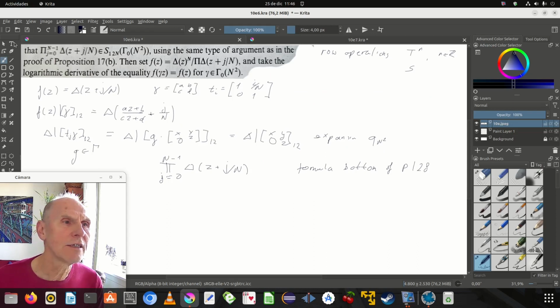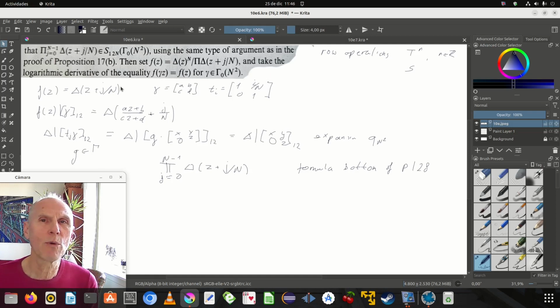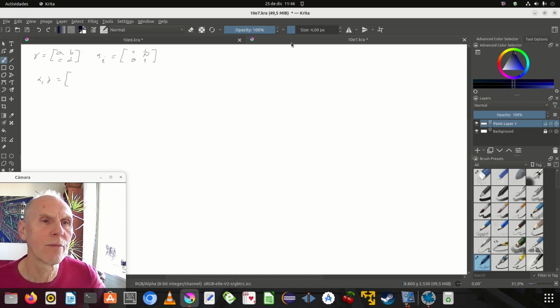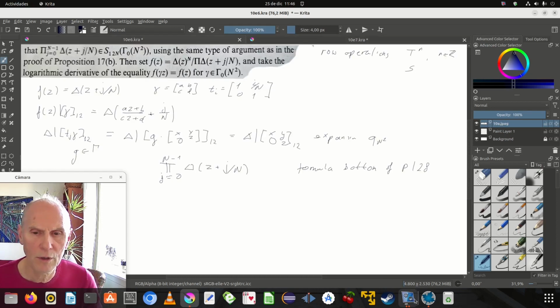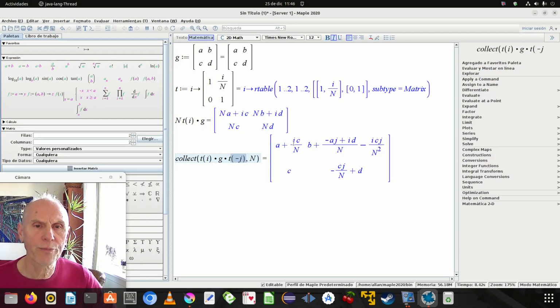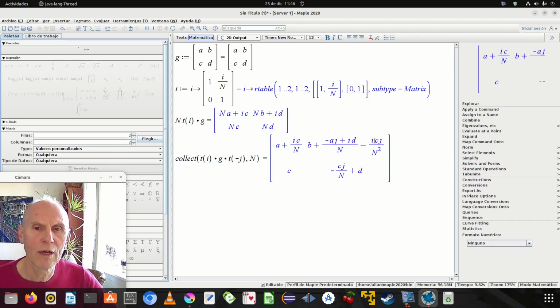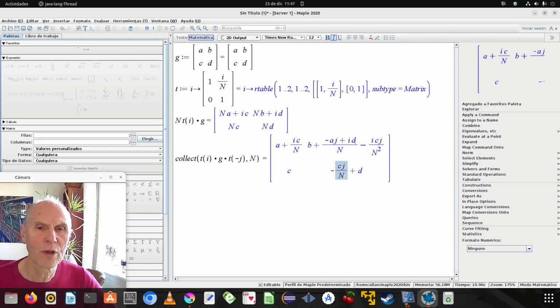Now gamma lies in gamma naught n squared, and that means that n squared divides C. Oops. And that means this is an integer, this is an integer, this is an integer. So this is the guilty party.